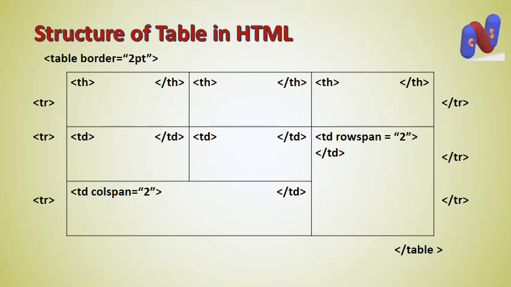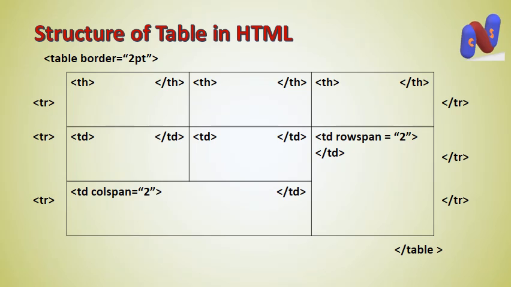So if you want to insert a table in HTML, first of all you have to use the table tag. As I have used the table tag with the border attribute and given it a value of 2 points. After that I have used tr to insert the very first row, and as all of you know, the very first row contains the column names, that's why inside the very first tr I have used th.